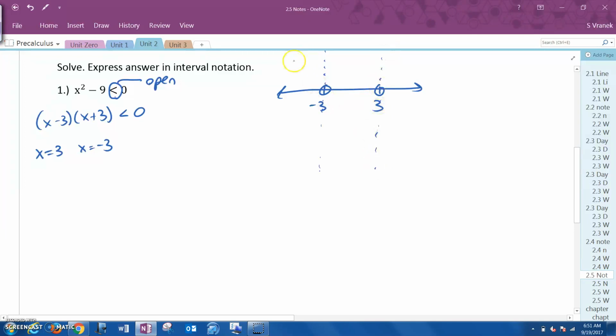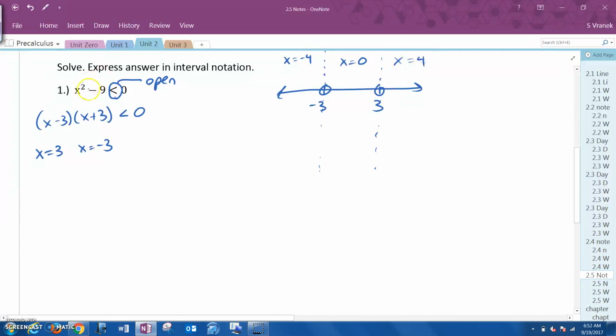We have to test to see if the statement's true in the left region, the middle region, or the far right region. So you have to pick x values that fall within each region. If negative 3 is the boundary, I'm going to use x equals negative 4. Between negative 3 and 3, a good one to use is 0 if you can. And then something bigger than 3, I'll check 4.